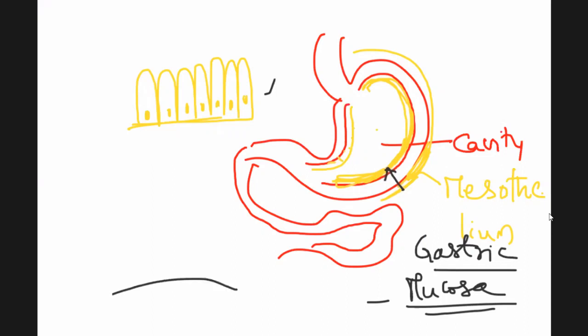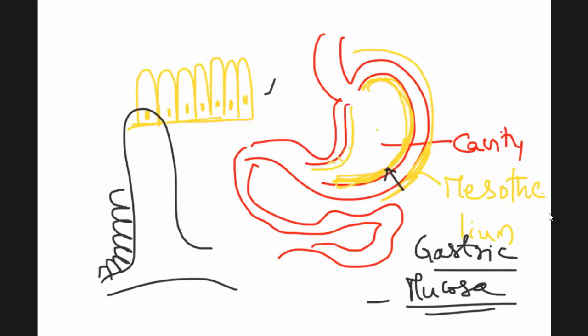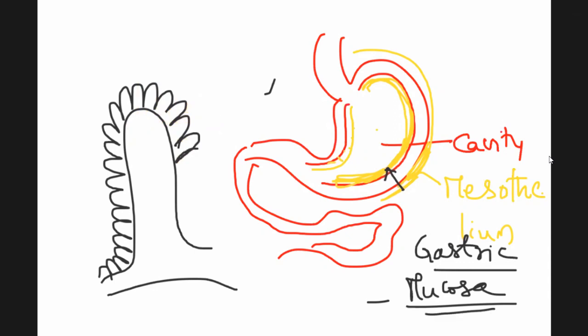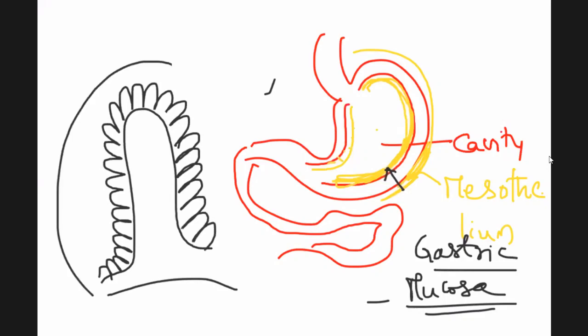In the small intestine, the mucosa is thrown into folds. The mucosa is the layer. It is thrown into folds. This entire finger-like structure is called villi.